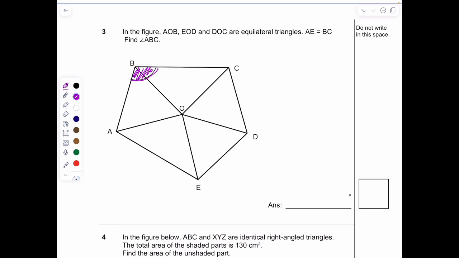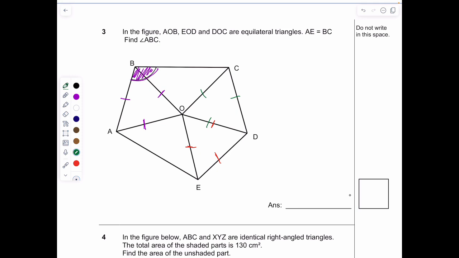It says that AOB, EOD, and DOC are all equilateral triangles, meaning their lengths are the same. And I need to find this.